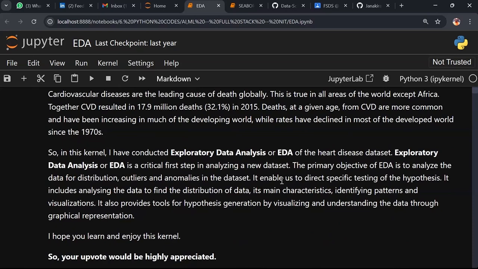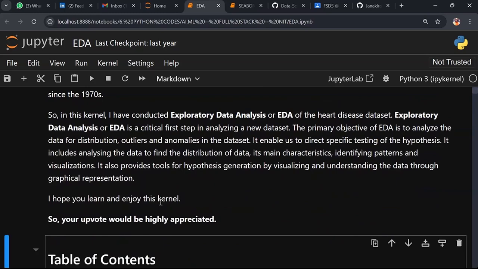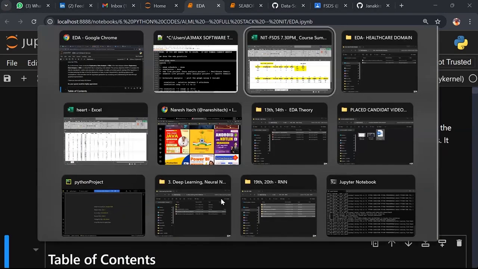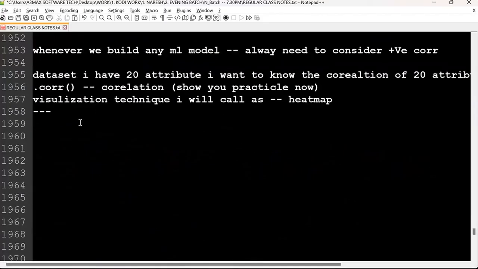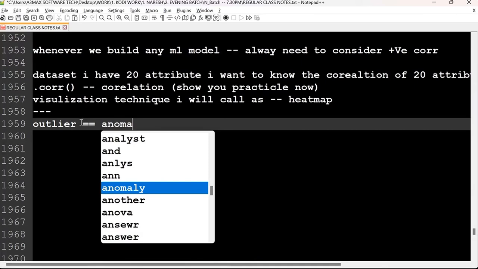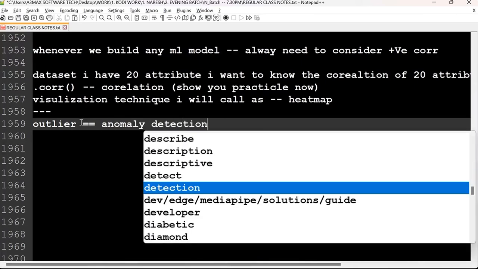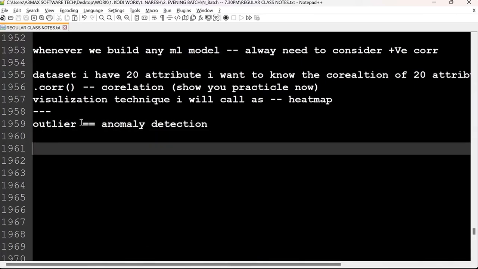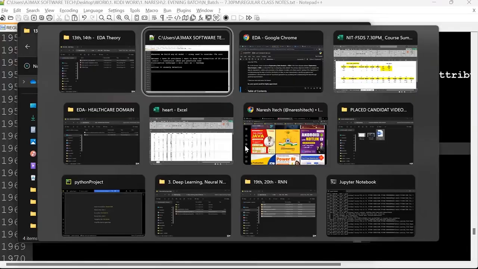EDA is the first step of analyzing a new dataset, and the primary objective is to analyze distributions, outliers, anomalies and all those things. Remember, outlier is also called anomaly detection. Understand this concept.